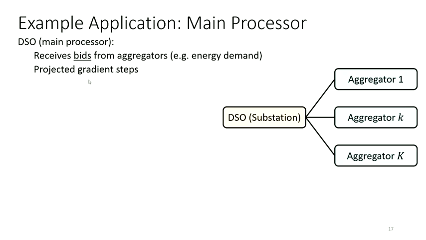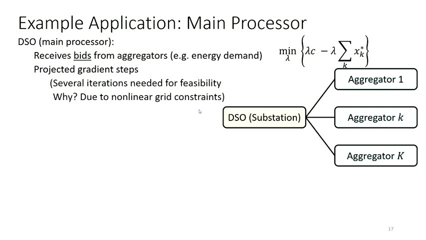And then the DSO, the main processor, performs a projected gradient step like this. Now actually several iterations are necessary because there are a lot of hidden constraints here. They're very nonlinear constraints which I've excluded from this.